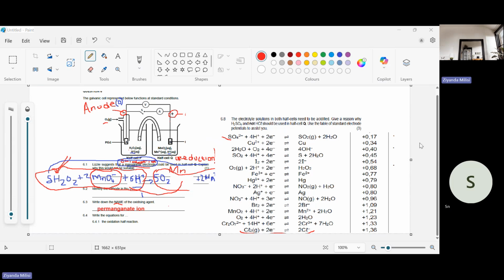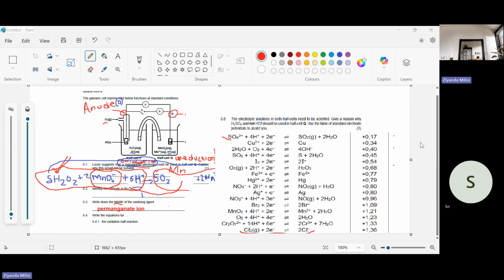Also look at something here, a reason why it's not SO4. There's something you need to check out. Check SO4 2 minus in your table. Can you see that it's written as a reactant?